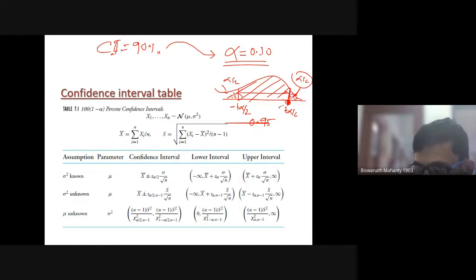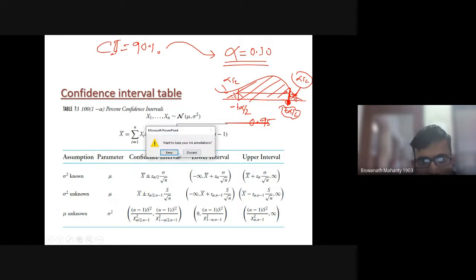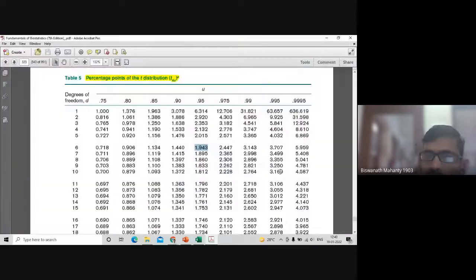That means I need to know T alpha by 2 values. But how can I get it? I can get it because I already know this area is 0.05. So my left side area is 0.95. So I have to look for a point in T distribution where left side area is 0.95. I am getting it from my T distribution table.